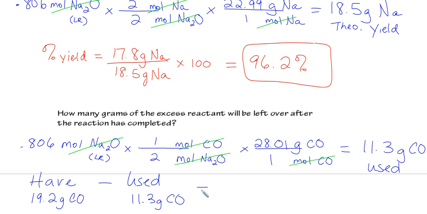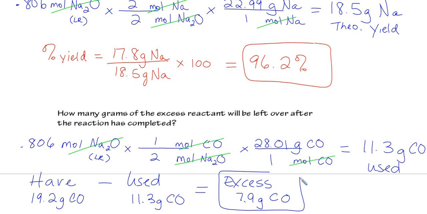So the difference is the amount excess. We should have about 7.9 grams excess carbon monoxide. Cute. There. We're getting good at these, aren't we? And again, you could have done the subtraction in moles or grams as long as eventually you switch it back to grams.